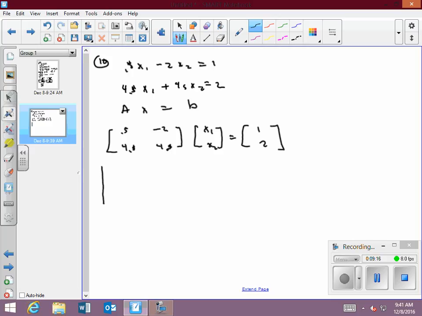So 5s, 4s, minus 2 and 4s, that's equal to 20s squared minus 8s, right? And that is 4s times 5s minus 2.